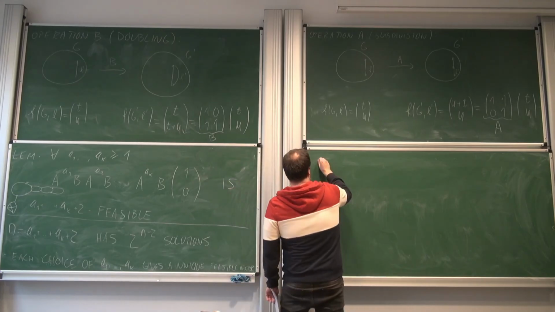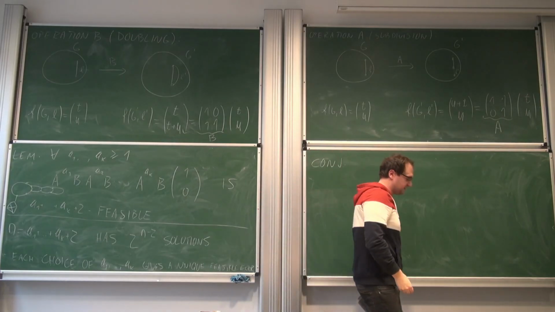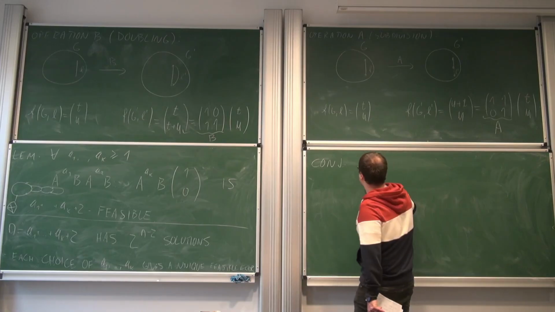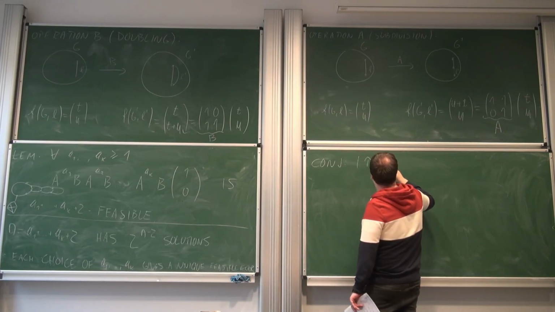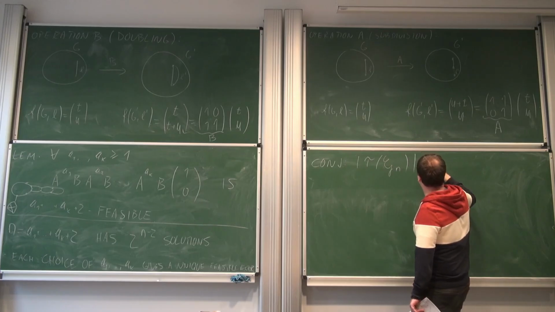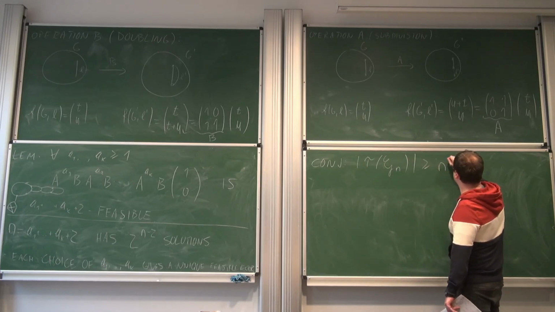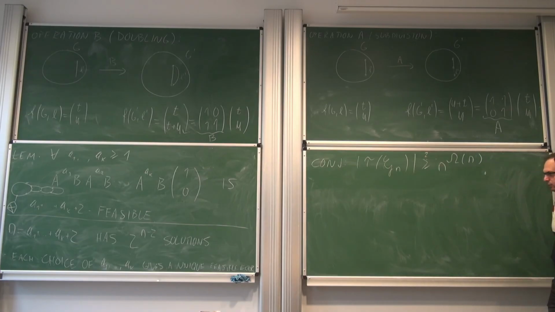So one is the conjecture, asked explicitly in this paper of Kontorovich and Pak. The size of tau of G_n should be at least n to the omega n.